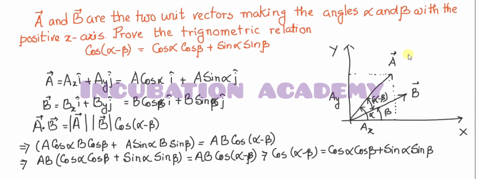So this trigonometric identity is proved from the concept of the perpendicular components of the vectors and the concept of the dot product. Thank you all of you.